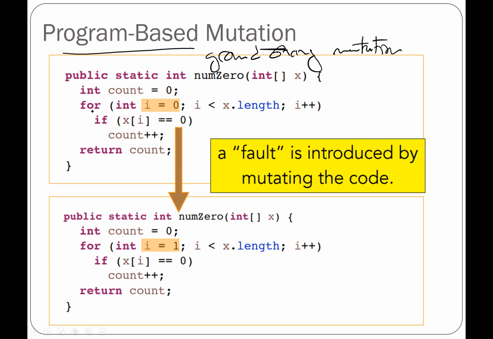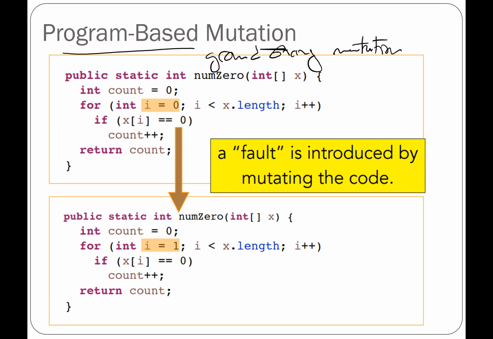So I've got a for loop over here, and it says int i equals 0. I mutate it, and I increment the i by 1. So this mutation operator would say increment the initial position of a for loop by 1.